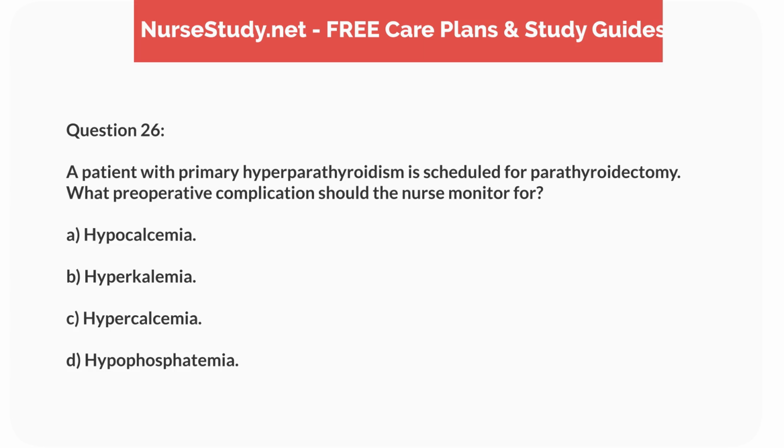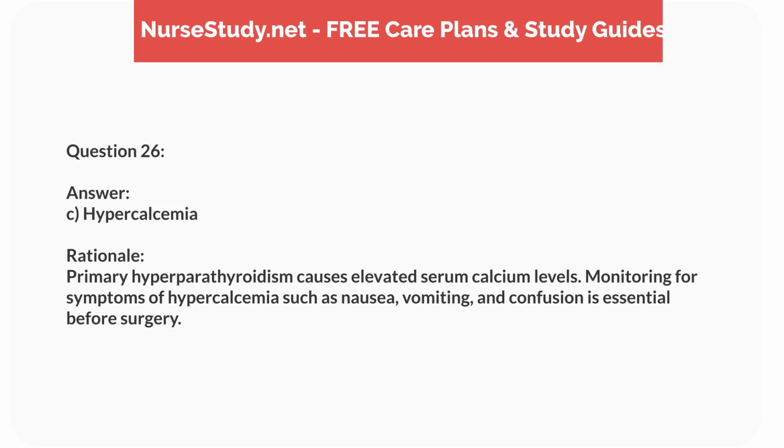D. Hypophosphatemia. Answer: C. Hypercalcemia. Rationale: primary hyperparathyroidism causes elevated serum calcium levels. Monitoring for symptoms of hypercalcemia, such as nausea, vomiting, and confusion, is essential before surgery.